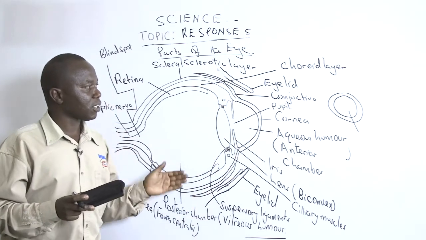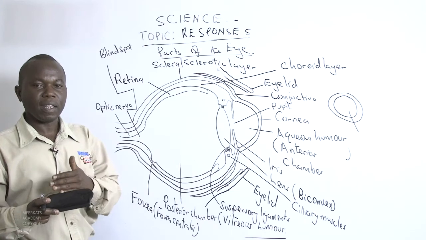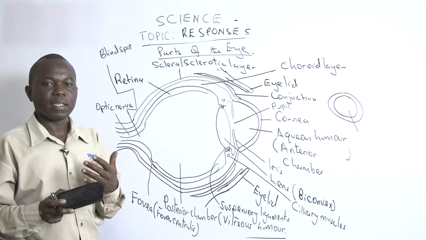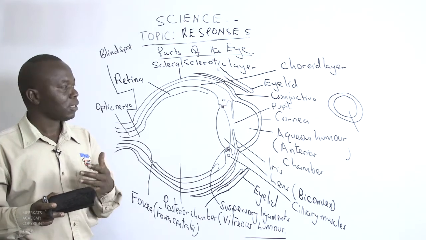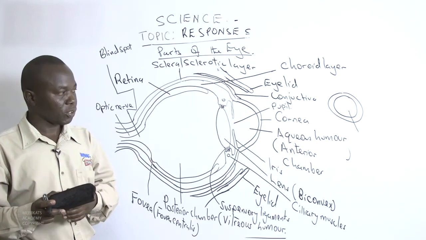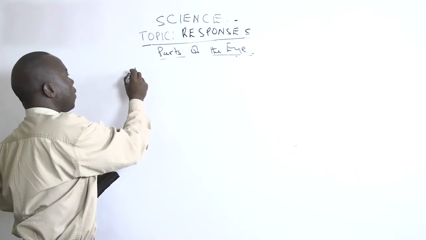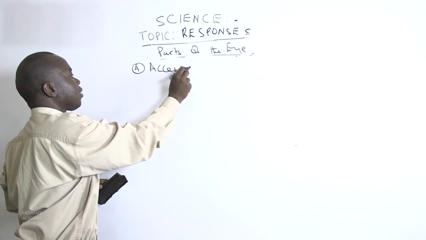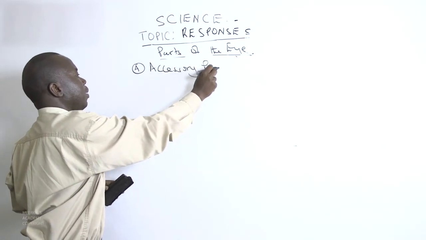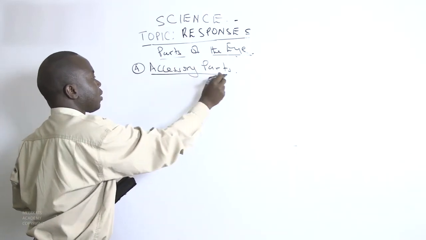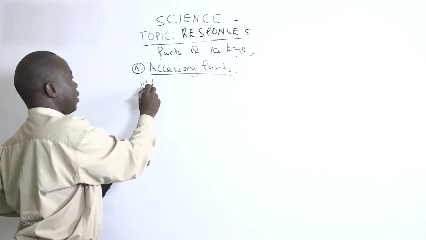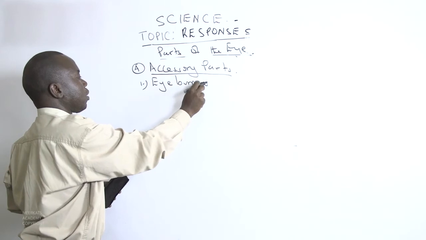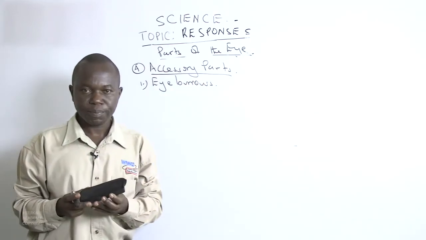But apart from these structures, we also have other accessory parts of the eye, like the tear glands, like the eyebrows. So we can group them into accessory parts first, and then the main parts. Accessory parts: one, the eyebrows.